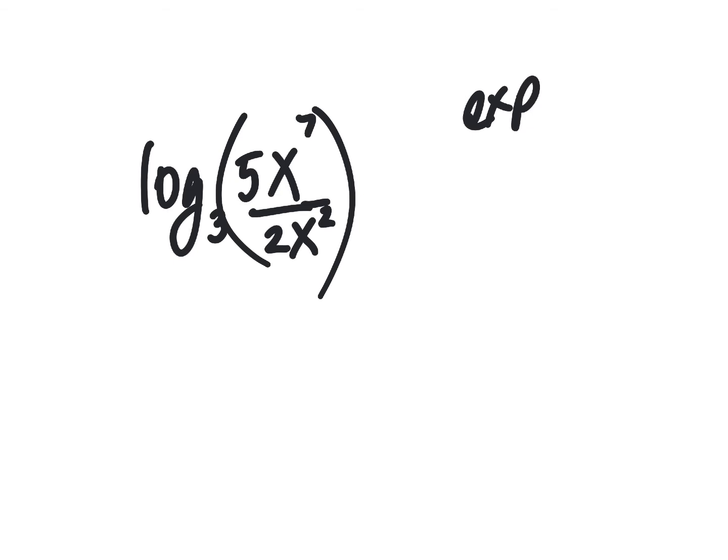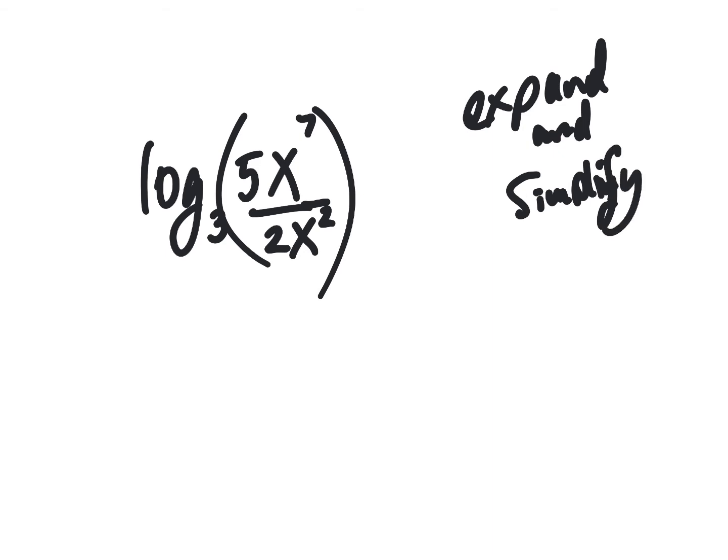I taught you this on that day. I reminded you it was expand and simplify. Seems kind of counterintuitive. Expand and simplify. Meaning, if you ever get something that can simplify a log down to just a number like 2, if you can ever simplify it, you should.